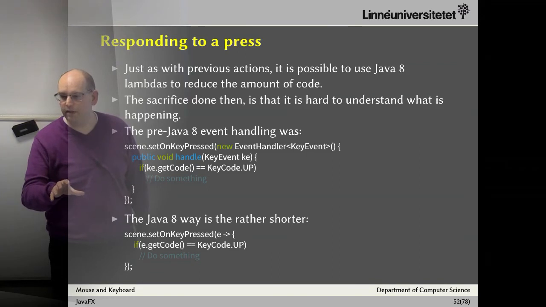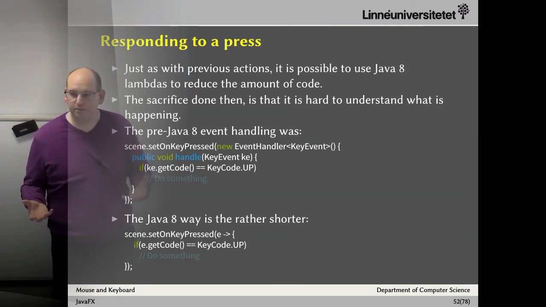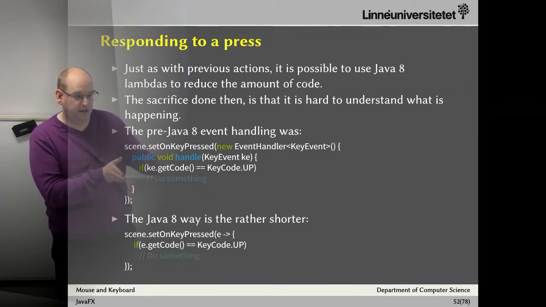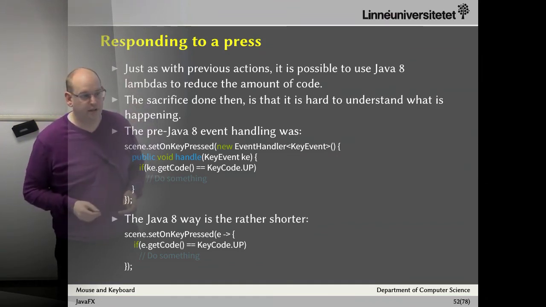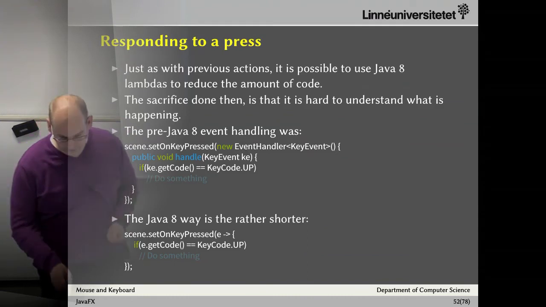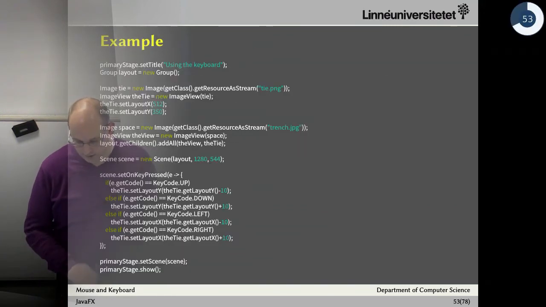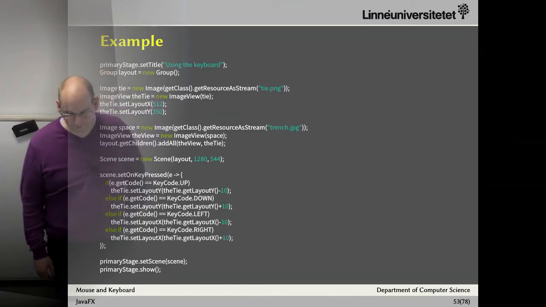But then it will not work if you're somewhere else. If you want the key press to be universally detected, then you attach it to the scene, because the scene is on the top of the hierarchy. So then it reads all the time, whatever you have perhaps focused on the screen.